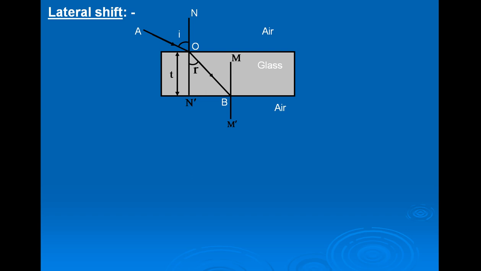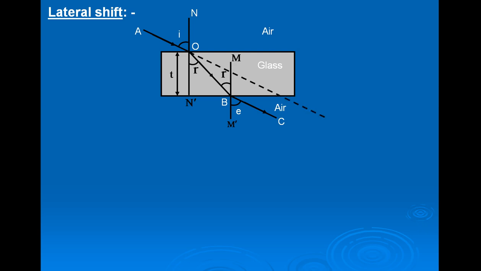The refracted ray of light makes an angle R with the normal MM' because the alternate angles are equal, and this ray of light emerges along BC, making an angle E with the normal, the angle of emergence, which is equal to the angle of incidence I.